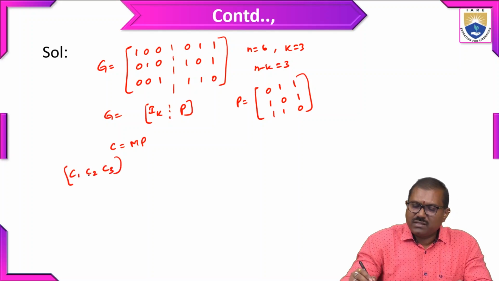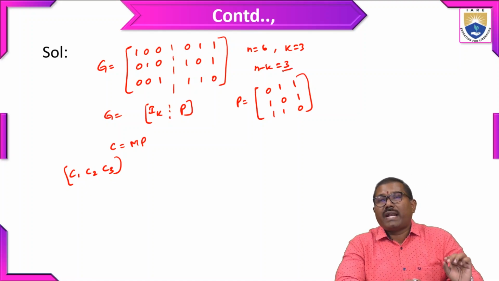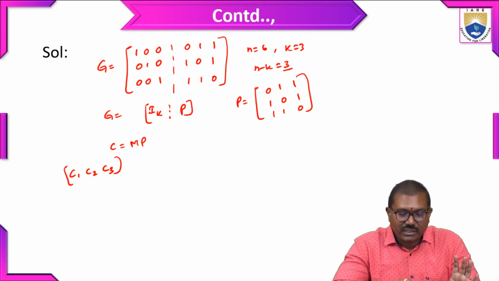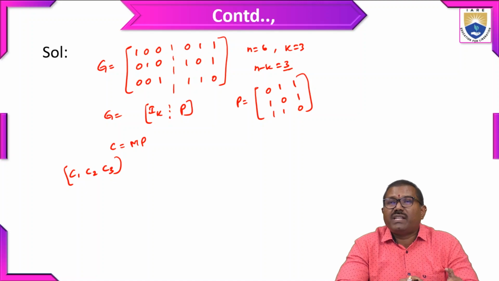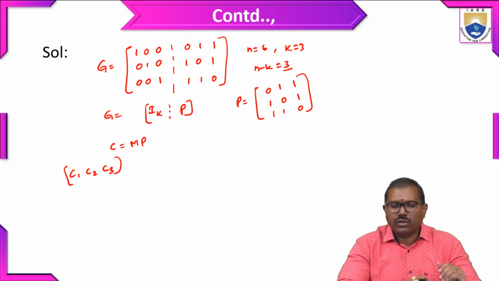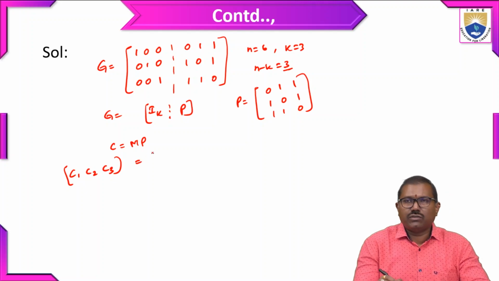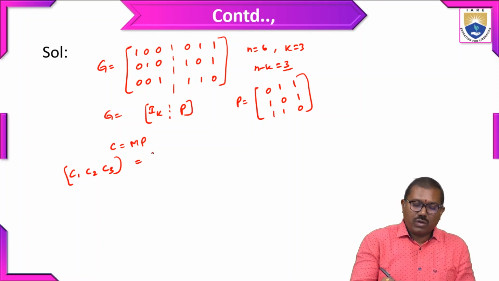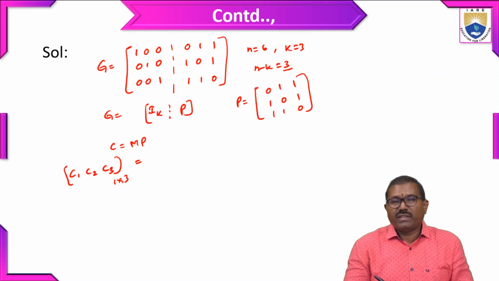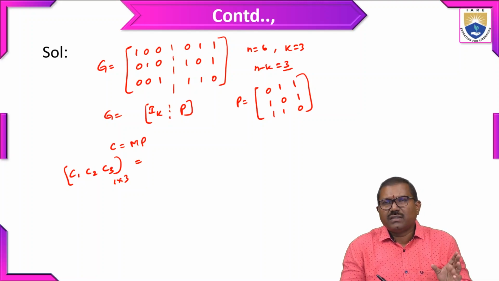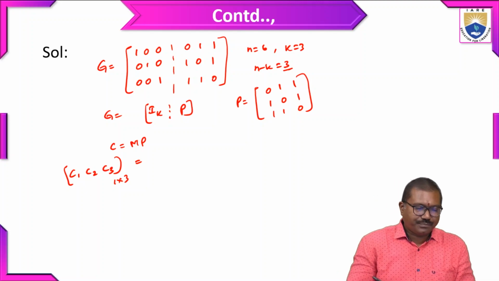How many parity bits? N minus K, so the parity bit size is also 3. That's why C1, C2, C3. If N minus K is 4, then I can use C4 also. So the C1, C2, C3 matrix size is 1 by 3, a single row and 3 columns.